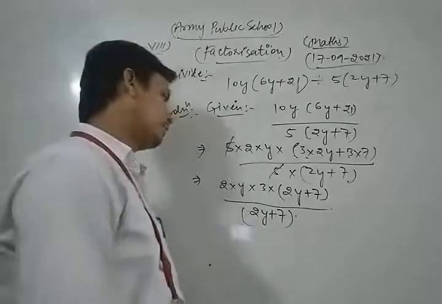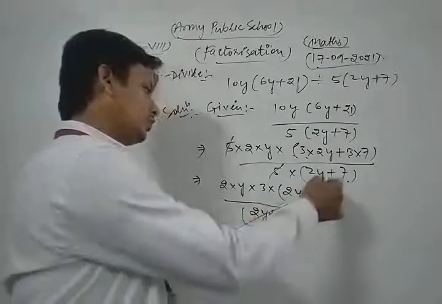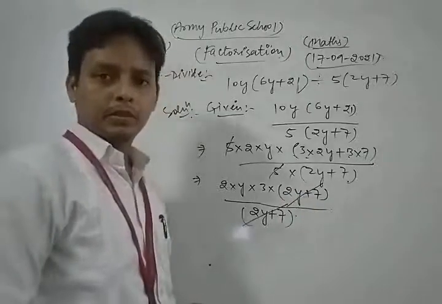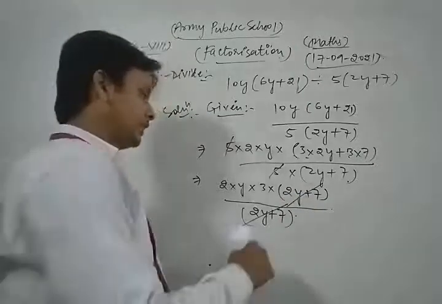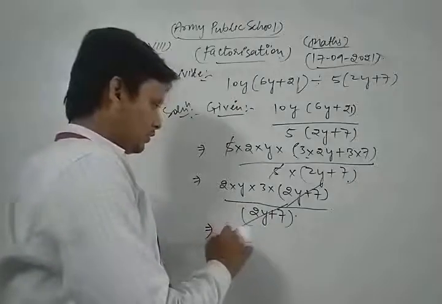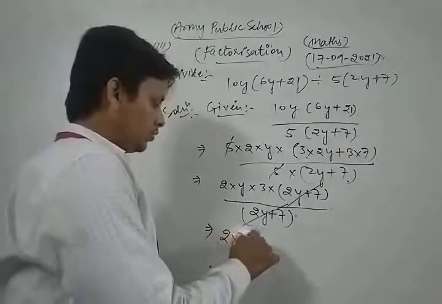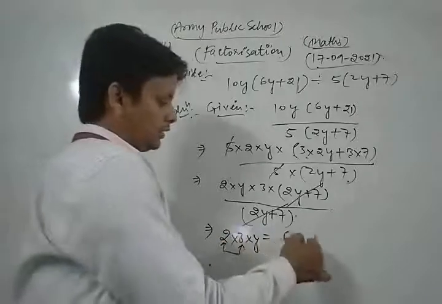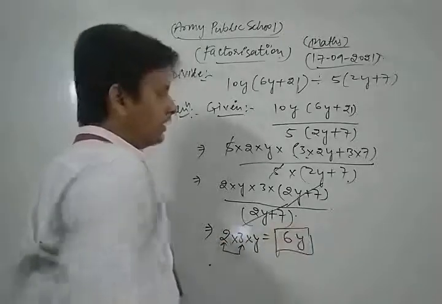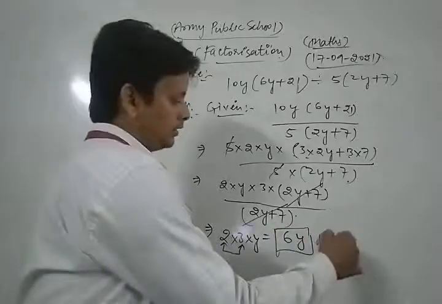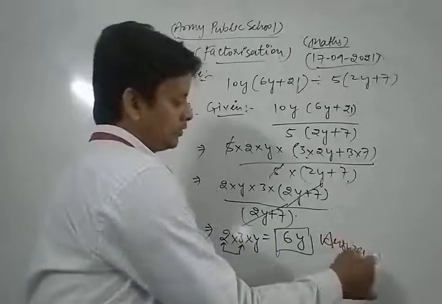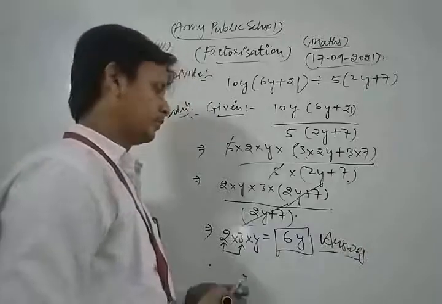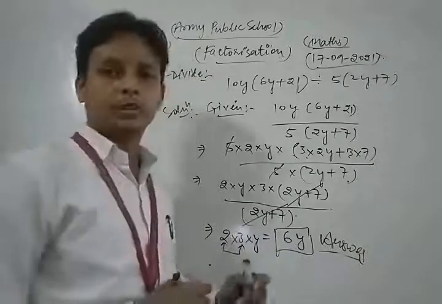Now 2y plus 7 cancels with 2y plus 7, so we get 2 into 3 into y, that is 6y. This is the required solution of the given question.